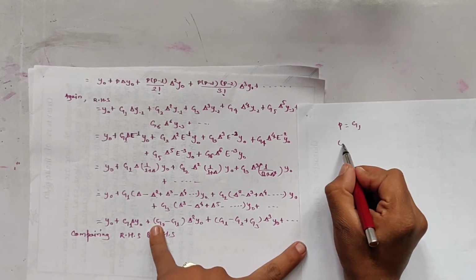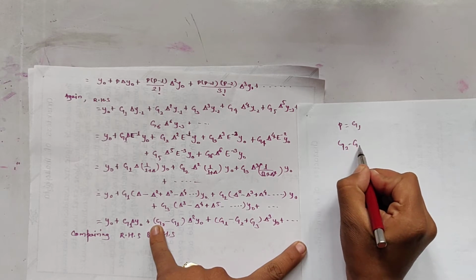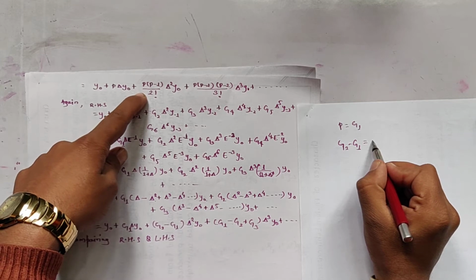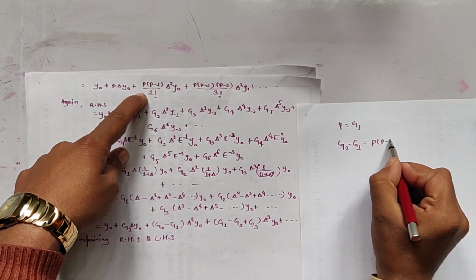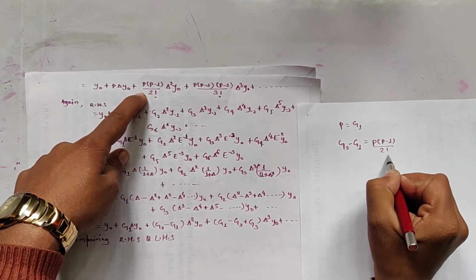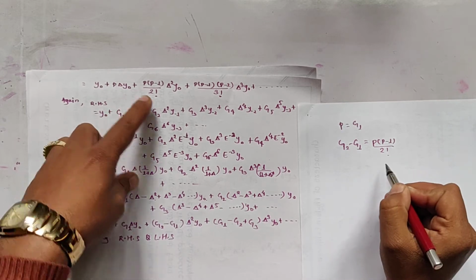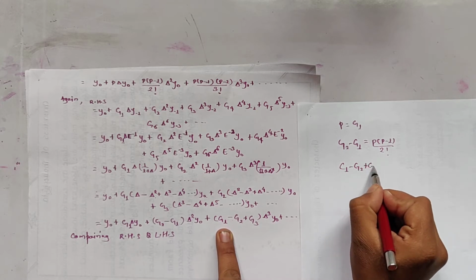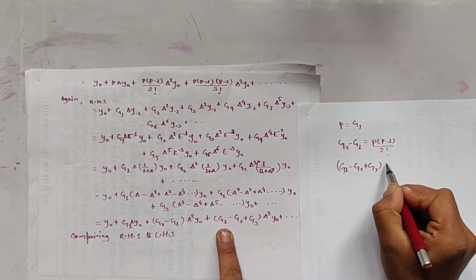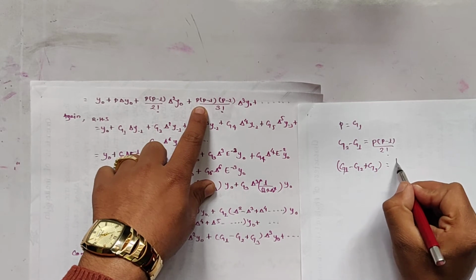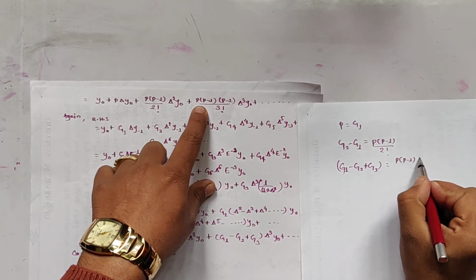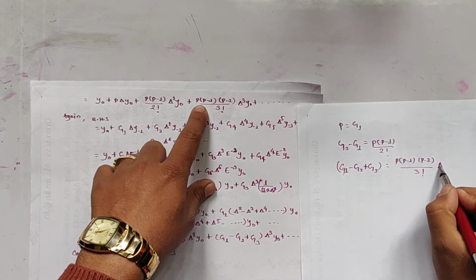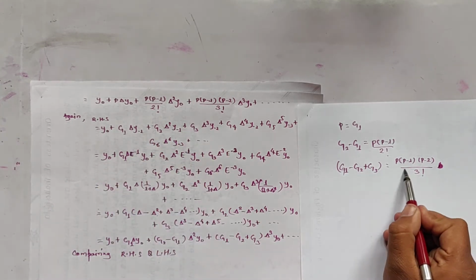G2 minus G1 is equal to P into P minus 1 by 2 factorial, and G1 minus G2 plus G3 is equal to P into P minus 1, P minus 2 by 3 factorial. This is the value of this.